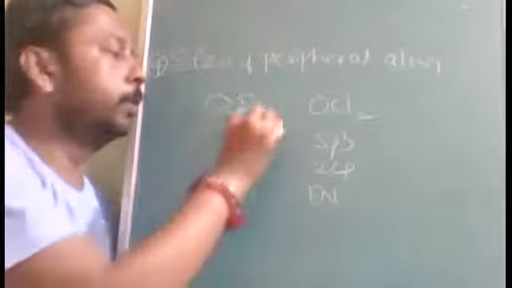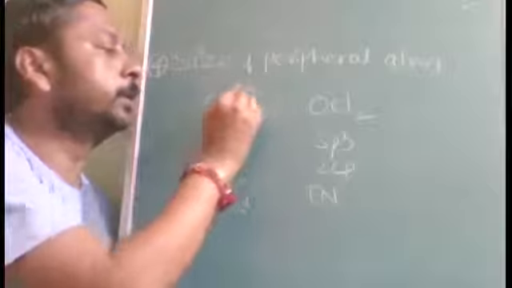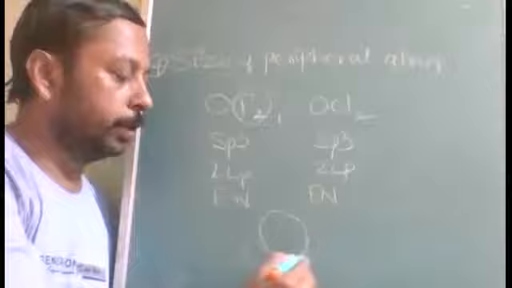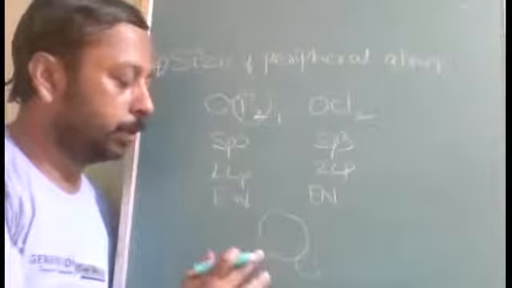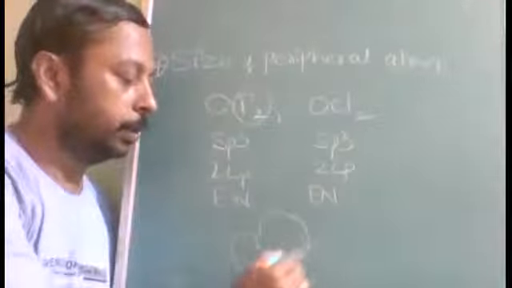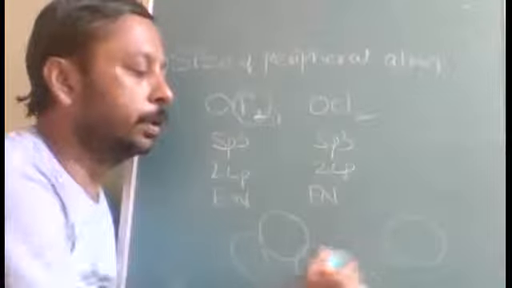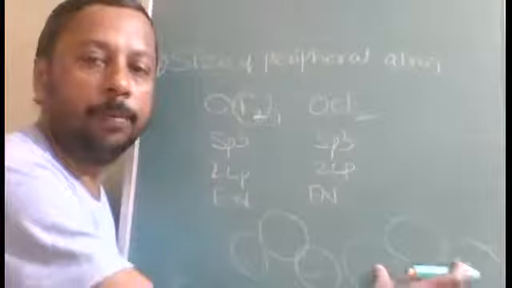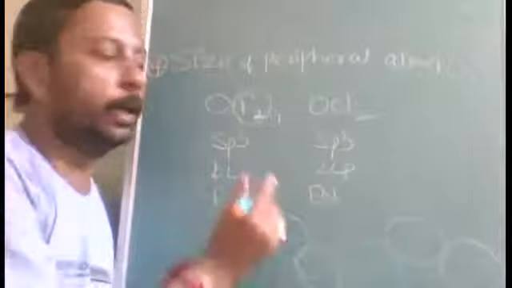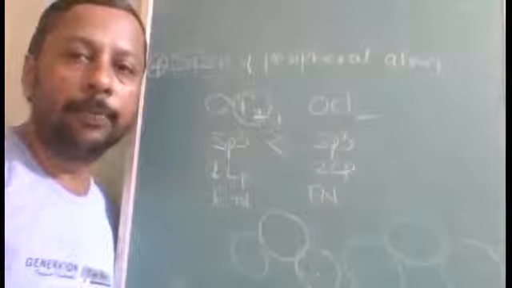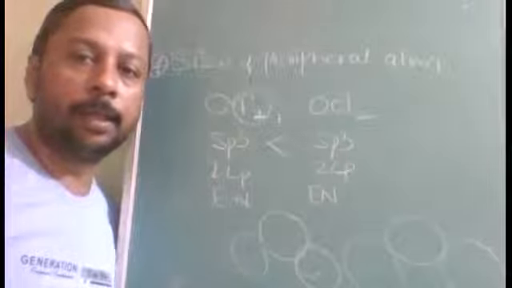Then we see the size. Here this is oxygen, this is fluorine, so only a small size difference. But here, oxygen and big chlorine, so obviously there will be more repulsion between them and the bond angle will be more here. So OCl2 is greater than OF2.